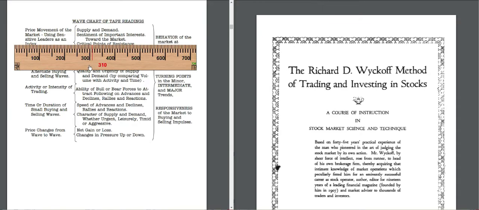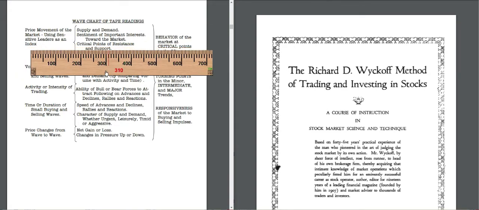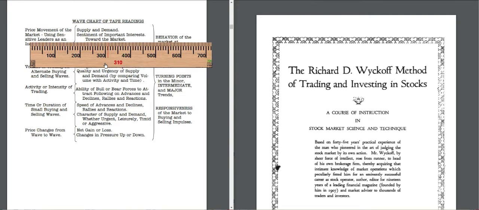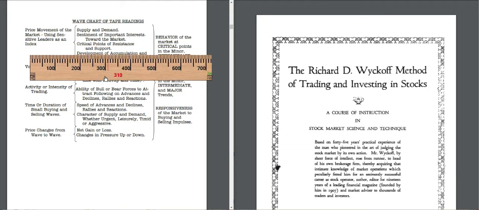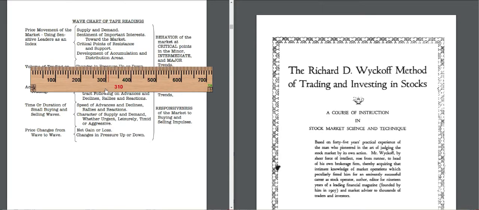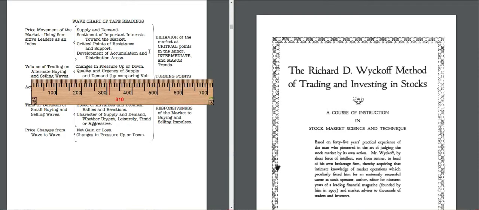Wave chart of tape reading. Price movement of market using sensitive leaders as an index. So supply and demand, sentiment of importance towards the market, critical points of support, development of accumulation and distribution areas, behavior of markets at critical points in the minor, intermediate, and major trend. These critical points are really important.